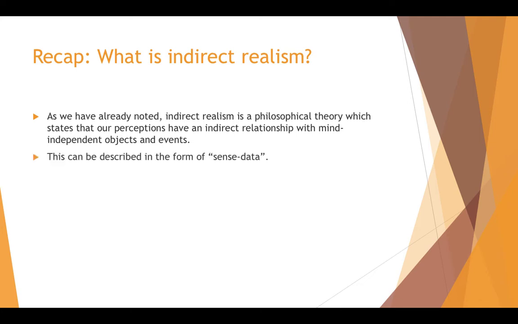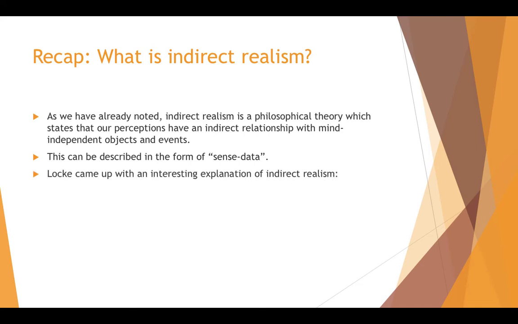We've already noted that that is an interestingly controversial position to hold because of the illusion argument and the hallucination argument. And then we said, well, okay, what about indirect realism? What about we have a direct relationship to somehow this kind of mind-dependent sense data, but what we don't have is the direct relationship between our mind and the mind-independent object.